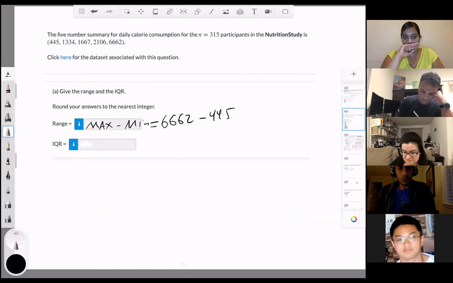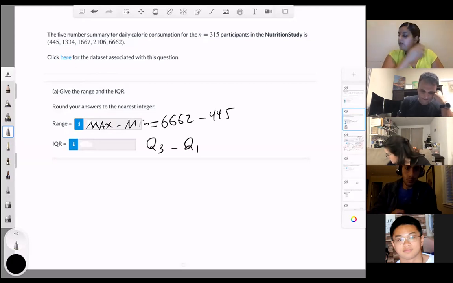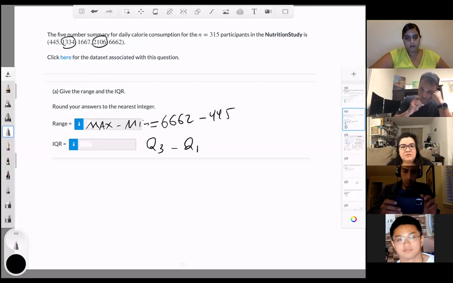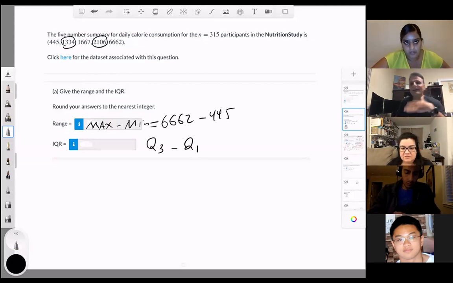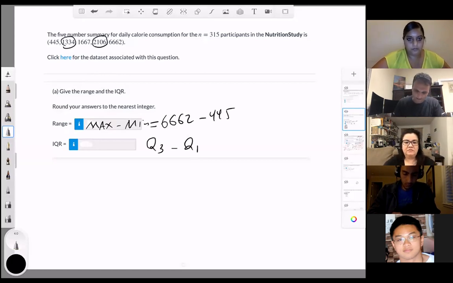What is the IQR? The formula is Q3 minus Q1, correct? This is Q3, that's Q1. If they ask about outliers, that's a different animal. But for the IQR, we're going to have 2106 minus 1334.